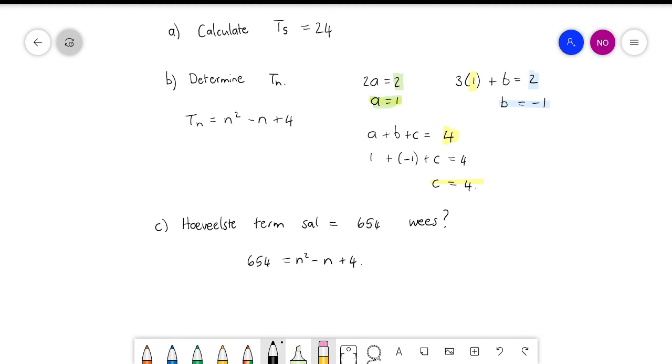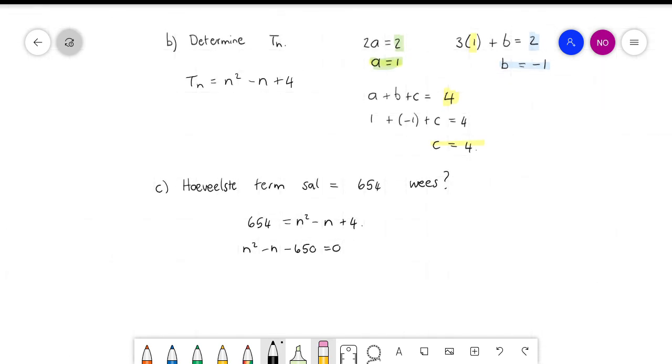Watter soort vergelyking het ons nou hier? 'n Kwadratiese 3-term, né? So, you can go one of two routes, but it doesn't matter which one you choose, you have to start with this. Okay, $1 million question. Wie van julle kan die formule onthou? What do I write first?